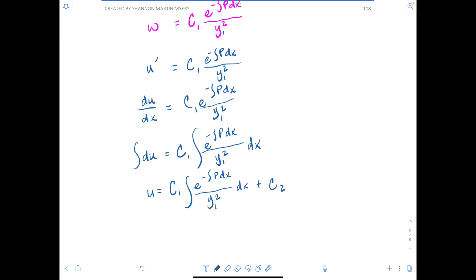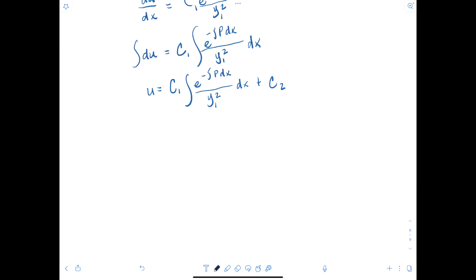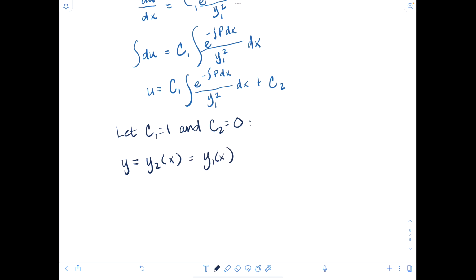Okay, so now to finish it off, we want to find our y2. So if we let c1 be 1 and c2 be 0, remember that y was equal to, so that will be our y2 at x, right? And that was equal to y1 at x times u at x, right?